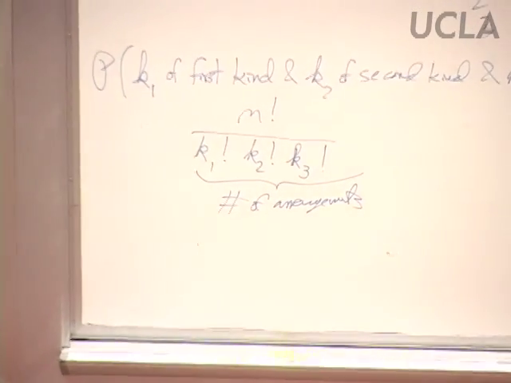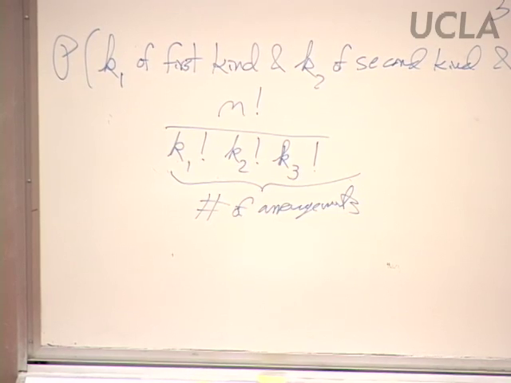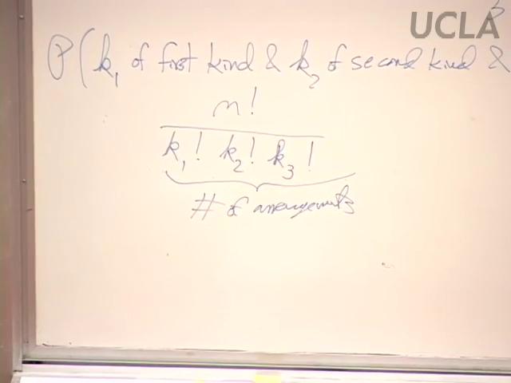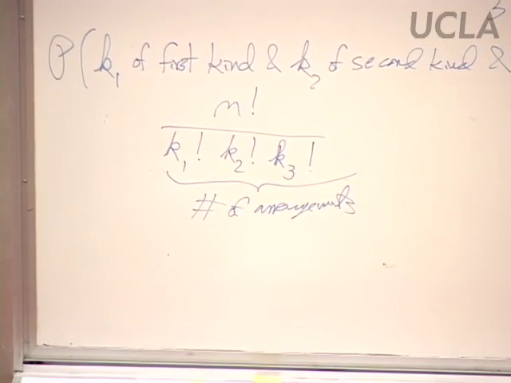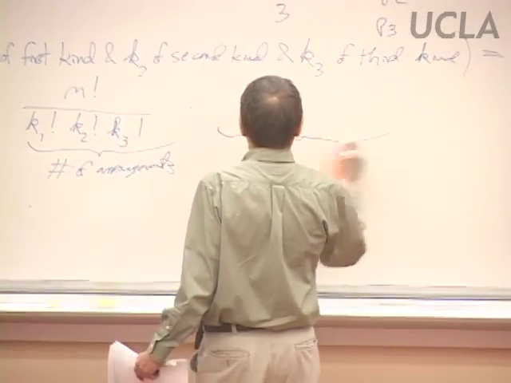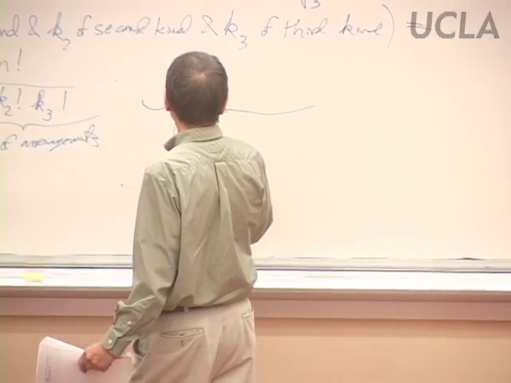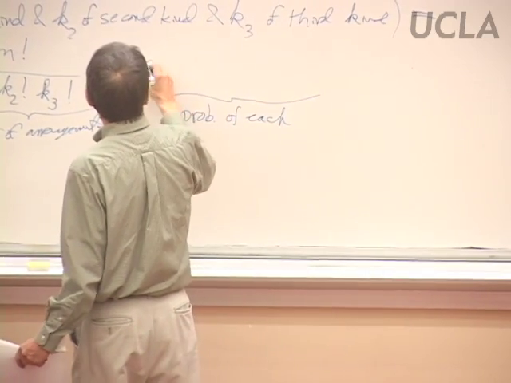There are this many ways to arrange those n letters, where K1 of the letters are A's, and K2 of them are B's, and K3 of them are C's. And then we multiply that by the probability of each one. They're all the same.